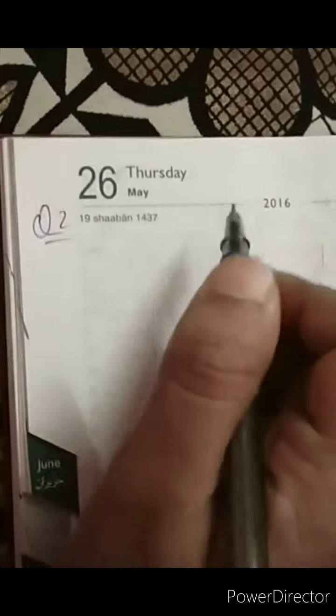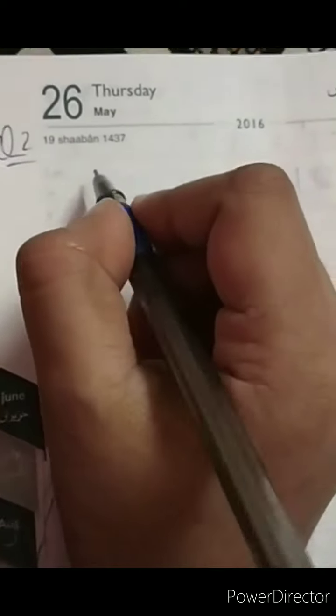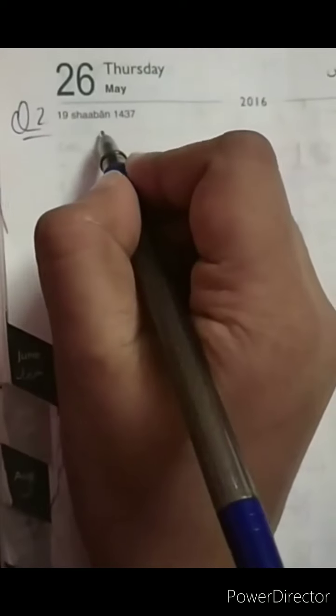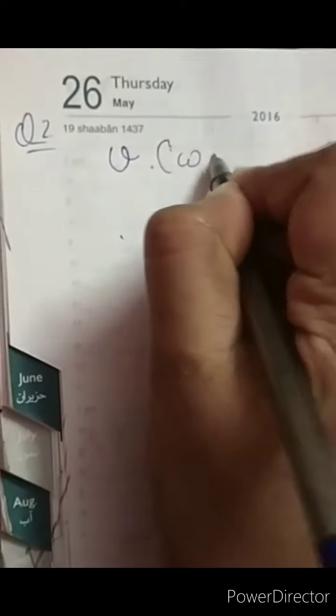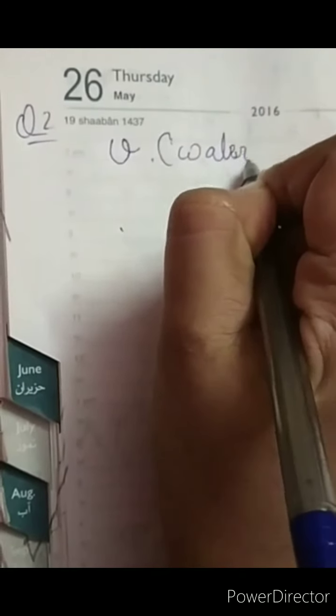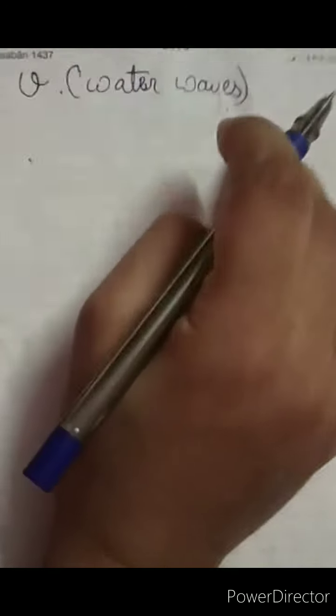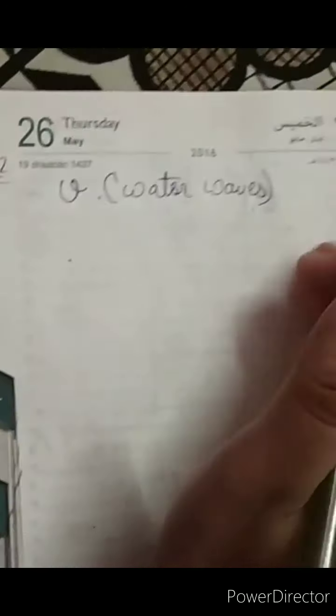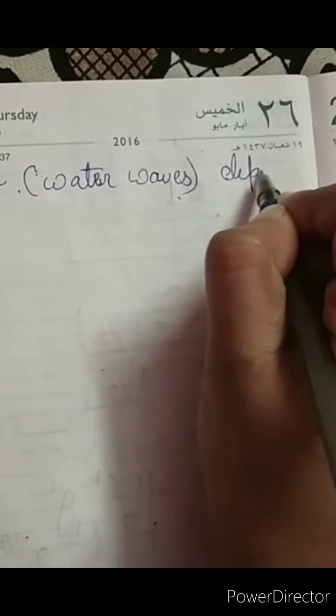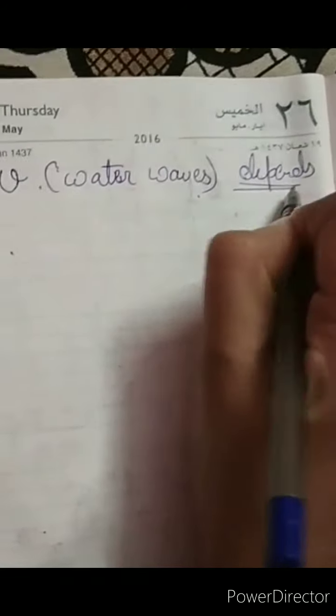Now the next question is question number 2, which says the velocity of water waves. This is a water wave they have given in the question. Velocity of water waves depends on which quantities? Let's see.